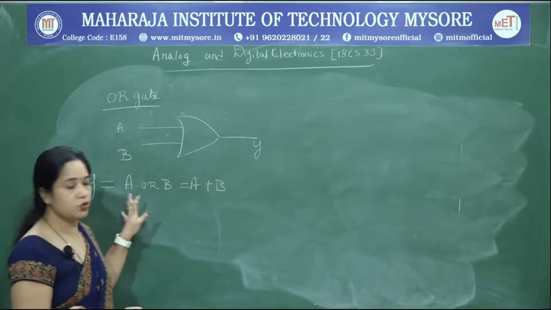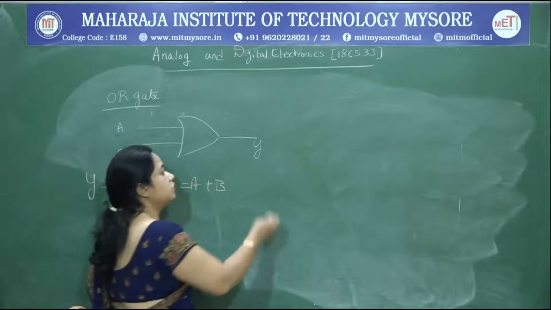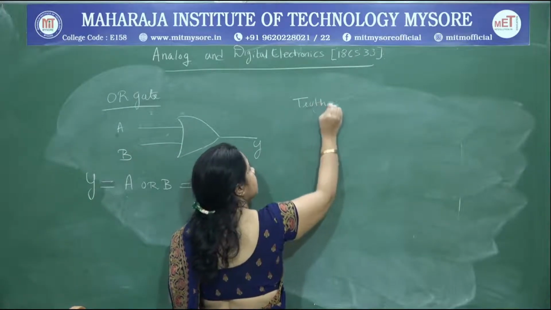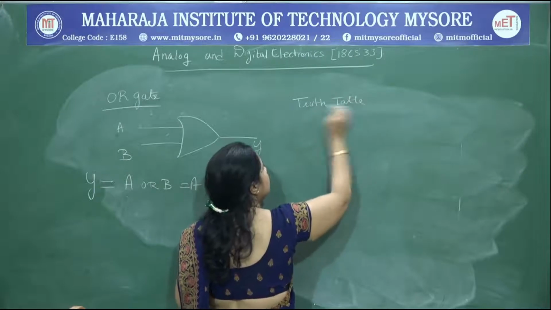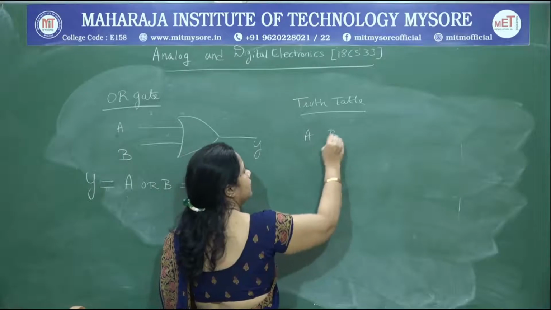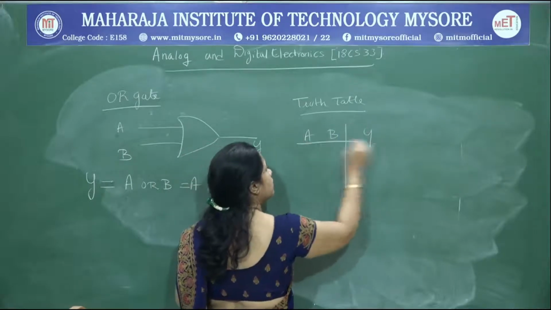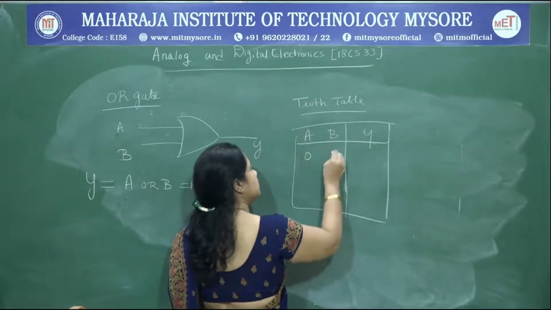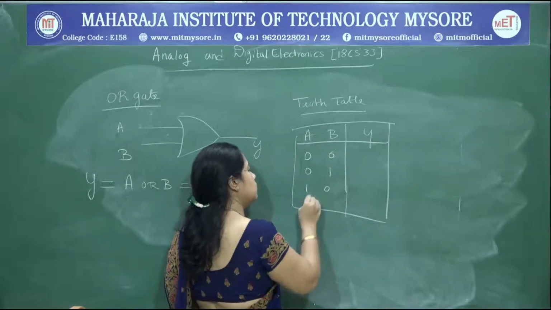So this is a simple 2 input OR gate, and if I try to write the truth table, again it is a table depicting the output for all possible values of input. So A, B are the input and Y is the output. All possible values are 0 0, 0 1, 1 0 and 1 1.